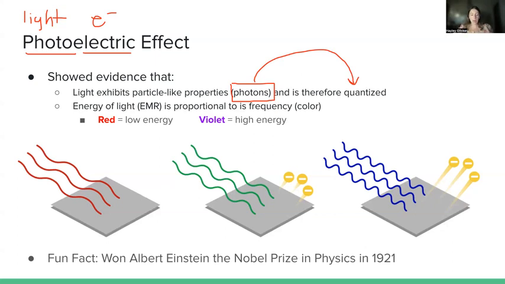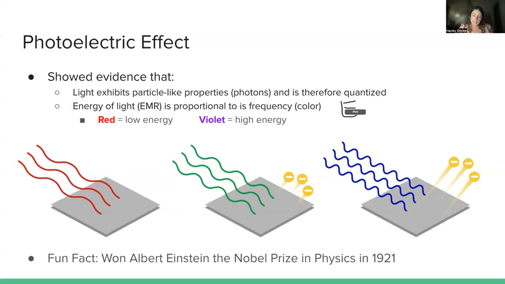We can describe that the energy of that light, or EMR as our abbreviation, is proportional to its frequency, aka its color. So we know that the energy of a photon, E, is equal to h nu.